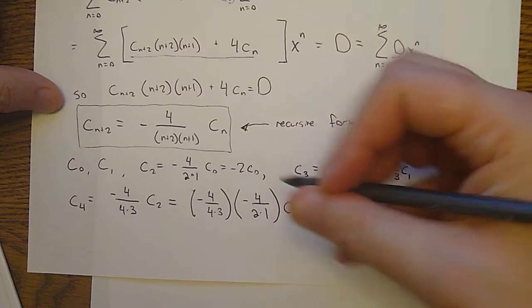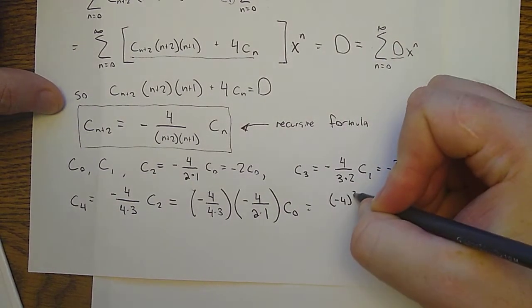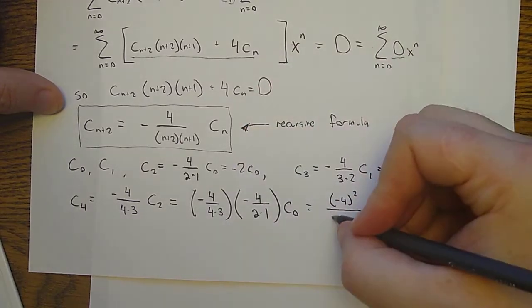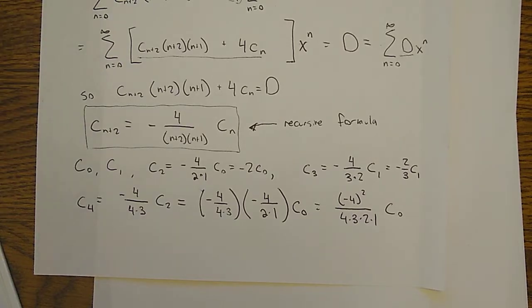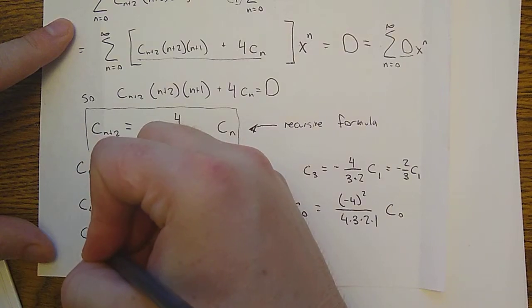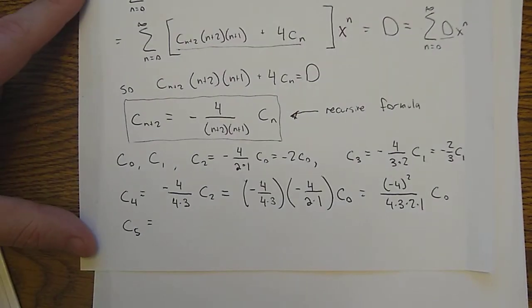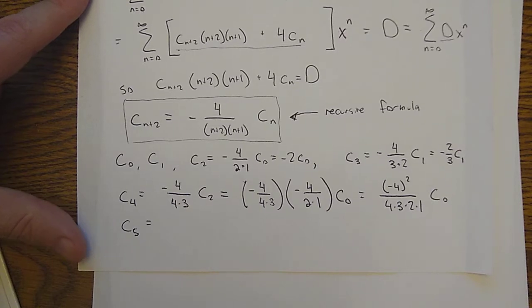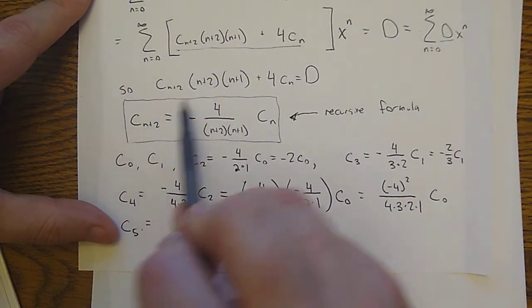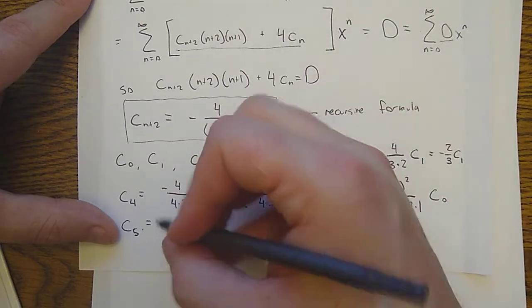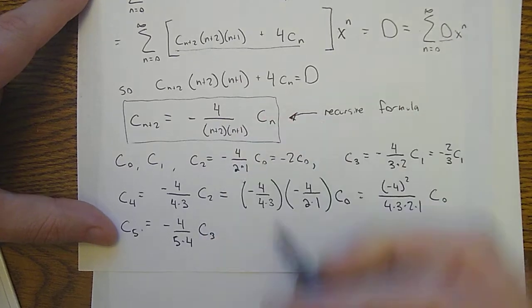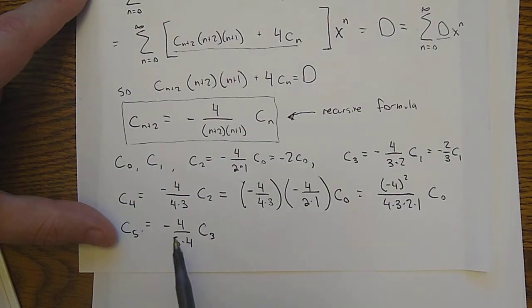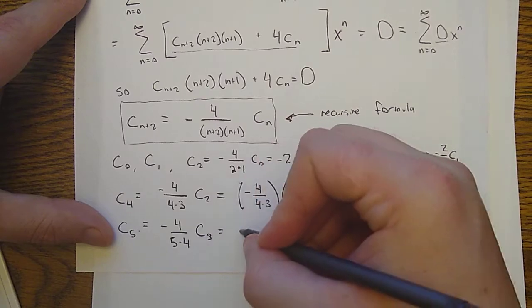Right, so see what we got was negative 4 squared over 4 times 3 times 2 times 1. And let me, I don't want to go too fast, I'll do one more that way. Let's do C5. C5, this is like n would be 3. So I get that, and then I can replace C3 with what it is.